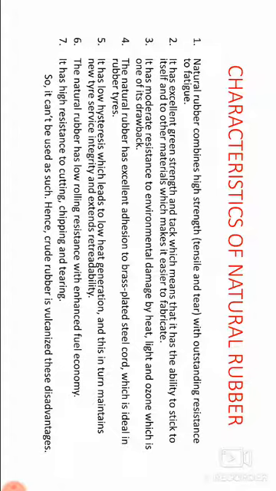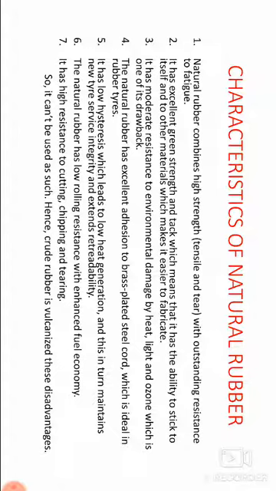It has moderate resistance to environmental damage by heat, light and ozone, which is one of its drawbacks. Fourth one, the natural rubber has excellent adhesion to brass plated steel cord, which is ideal in rubber tires.